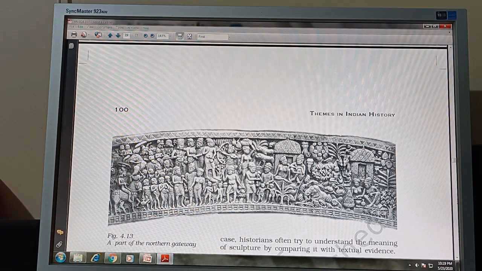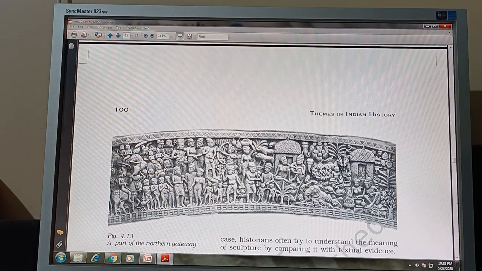But when art historians tried to understand, they found the sculpture at Sanchi identified as a scene from the Vesantara Jataka, and this is a story about a generous prince who gave everything to a Brahmana and went to live in the forest with his wife and children.